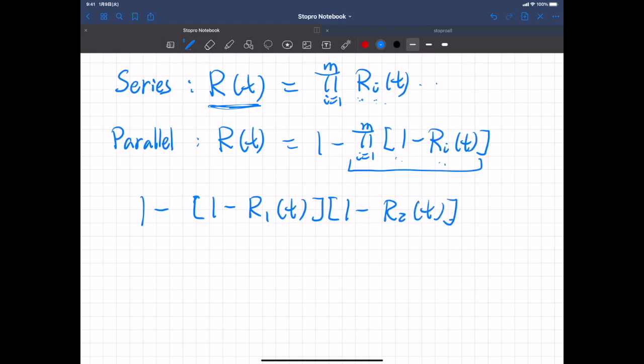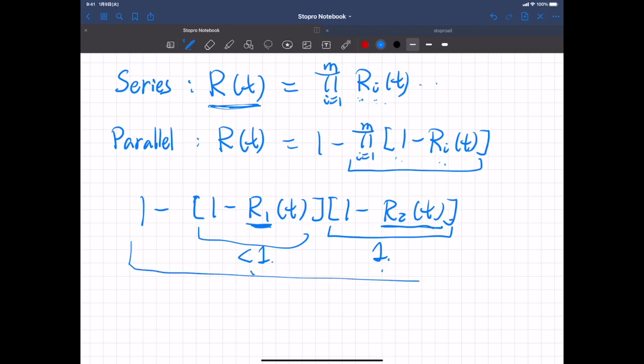So let's say if component 2 fails, in that case this factor will be 1. But as long as the other factor is less than 1, this product is less than 1, so this whole value should be greater than 0. So the system is not failing yet.